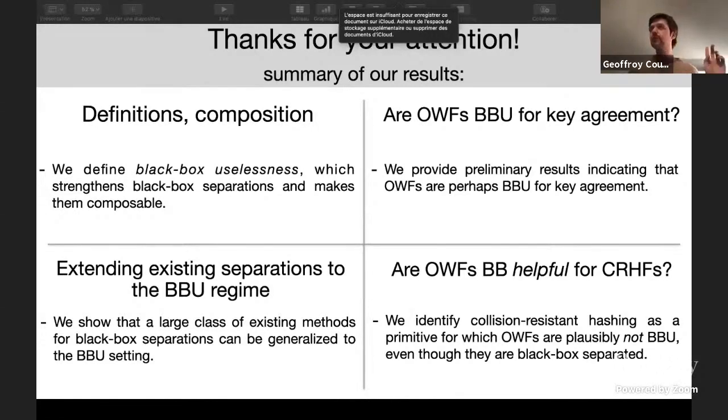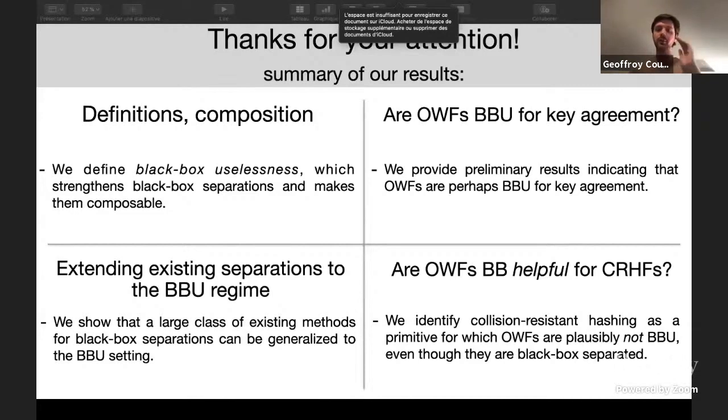We do rule out, so what we rule out is construction of key agreements. These key agreements have restrictions. So if you extend that to the setting of public key encryption, what we rule out is the construction of public key encryption that will not make queries to the one-way function when invoking the decryption function.